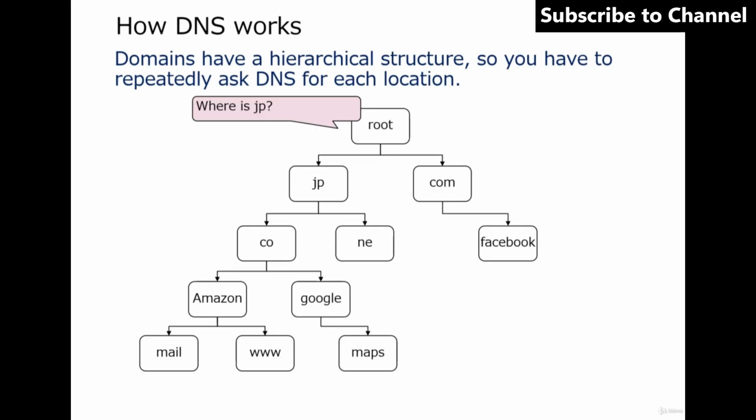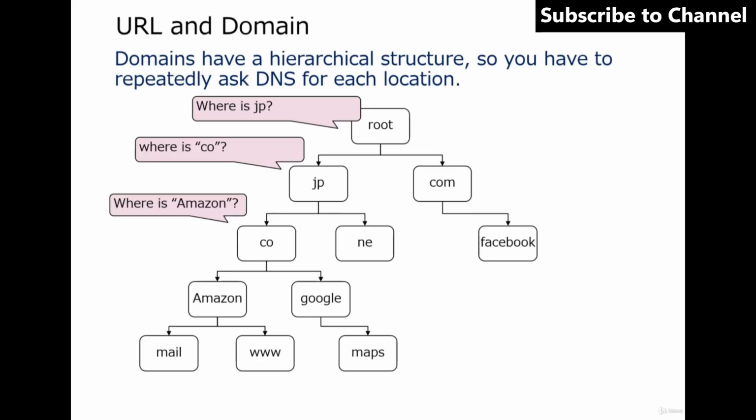The root directory then shares with you the DNSs which know .jp as a Japanese site. From there, you'll next ask where is .co. The DNS will tell you other DNS locations that are managing .co domains. If you were to ask .ne, you'll find the DNSs which manage .ne domains.